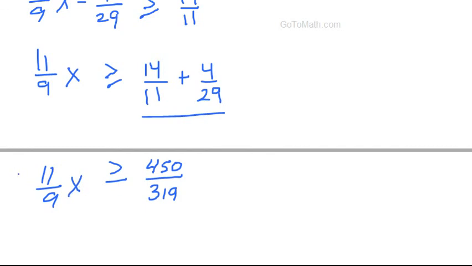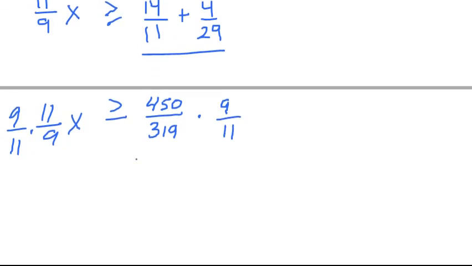Of course, now what we're going to do is multiply both sides by 9 over 11. That's the reciprocal. That gives us the identity. Never mind if you don't know what that is. All right, 9 over 11. So we got x is greater than or equal to.